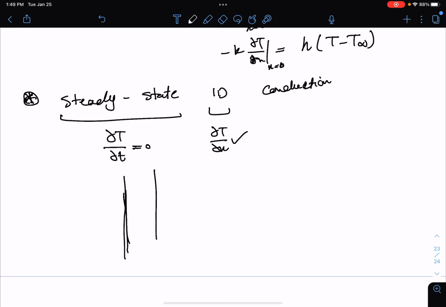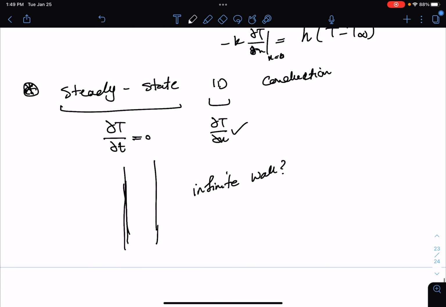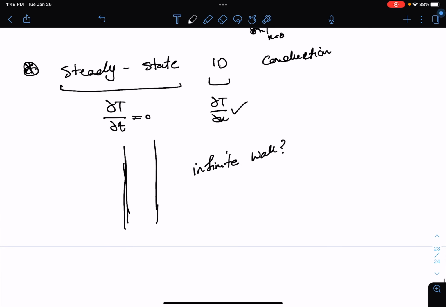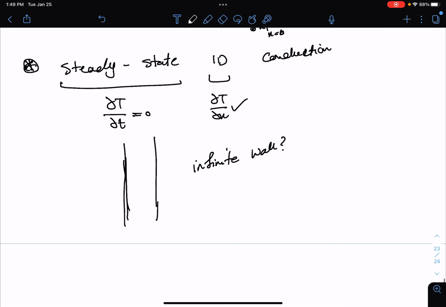What is the meaning of infinite wall? What do you think when I tell you that this wall is an infinite wall? I don't know the actual distance between the two. Distance between the two walls. There is no distance between the 2 walls?